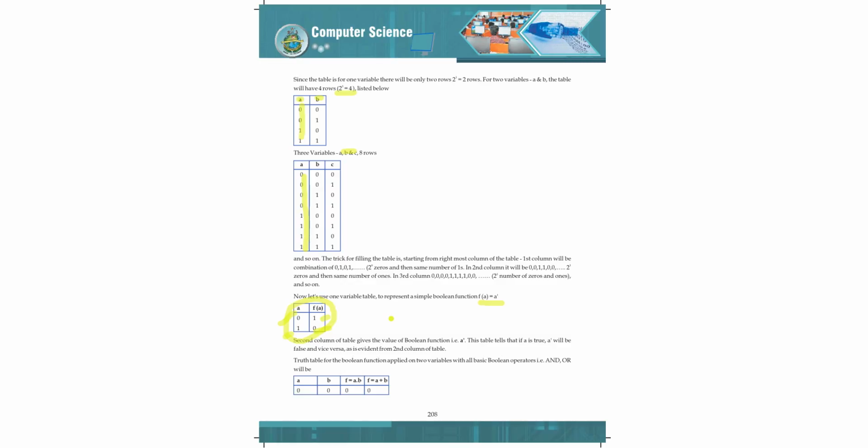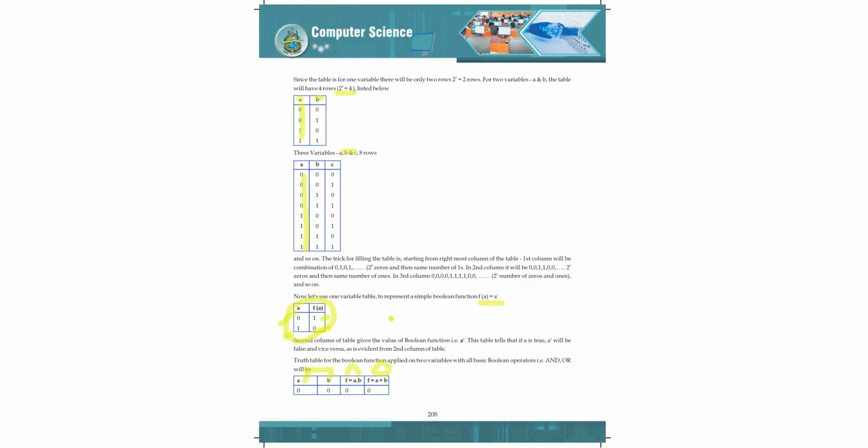Now we will see the table for binary operators. Binary operators are AND and OR. See here, you take two input values A and B. As I said, A dot B. AND is dot, this is AND, and this is OR.